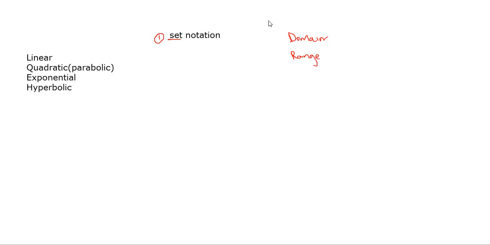So what is domain and what is range? Remember that we only compare two variables. So domain is a set of all x values, whereas your range is a set of all y values.